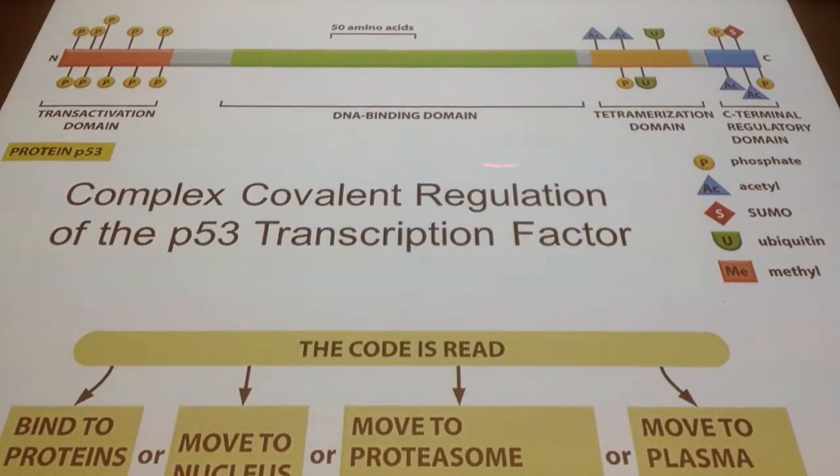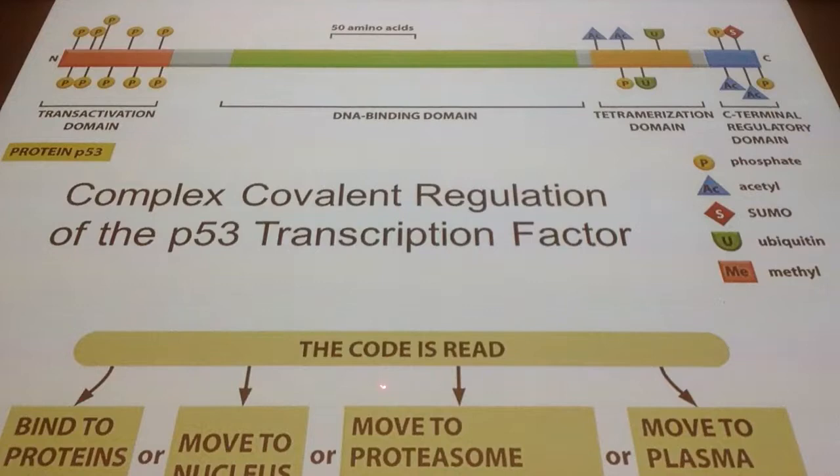So P53 is a very important protein that we'll talk about. It's a very important protein in general when it comes to studying diseases. And depending on the type of modification, P53 will never ever have all of these modifications occurring at the same time. It will always have a pattern of modification. And depending on the pattern of modification, the code, right?